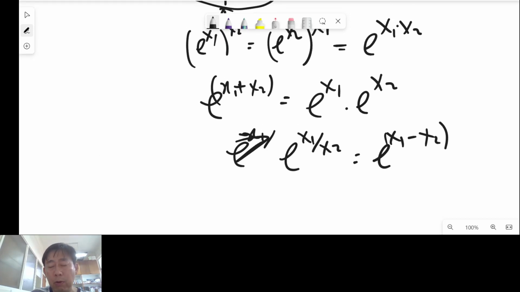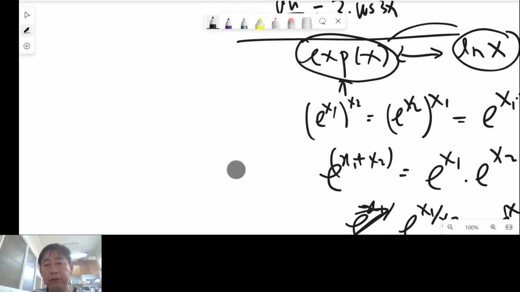Then there's one more: e^(-x) is equal to 1 over e^x. So these are the few properties of the exponential function.